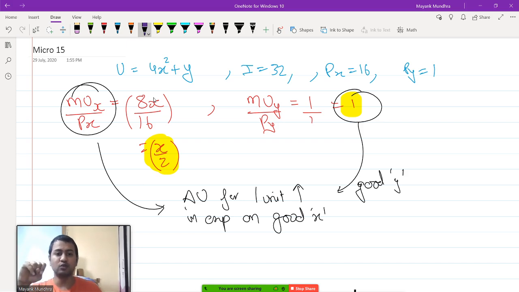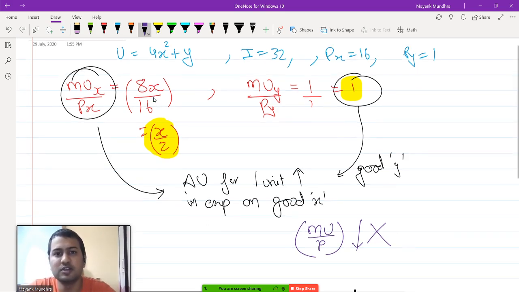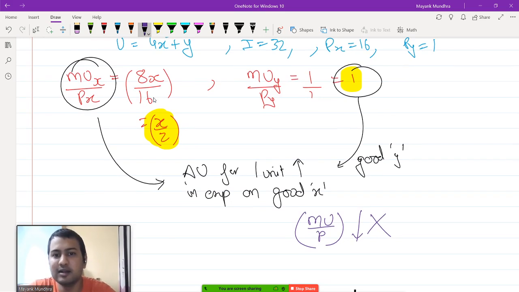But that is true when marginal utility upon price of the commodities is decreasing in nature. When marginal utility upon price is increasing or constant, this theory does not apply, that you will equate marginal utility upon price. So in this situation, he will either consume entirely good X or entirely good Y.